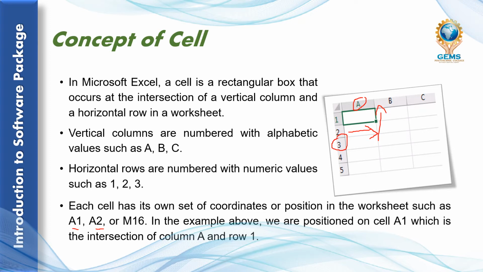What is the address of this one? That is A1. So here we are positioned on cell A1, which is the intersection of column A and row 1.